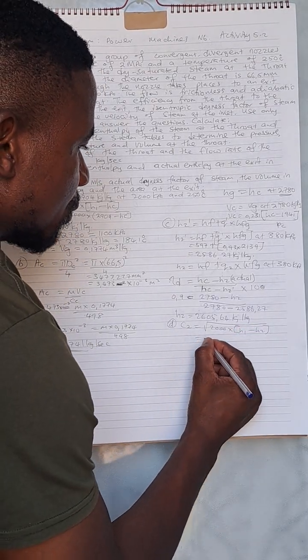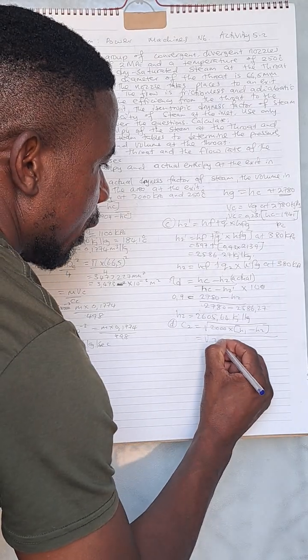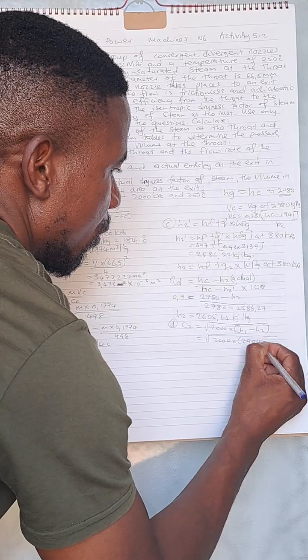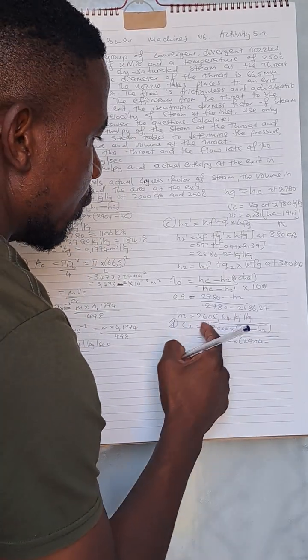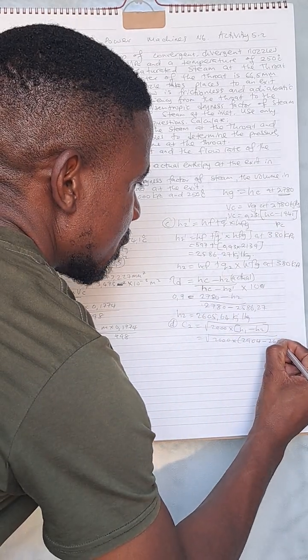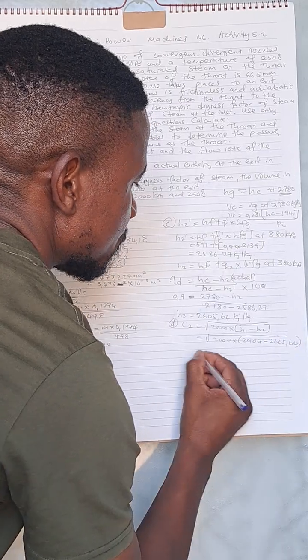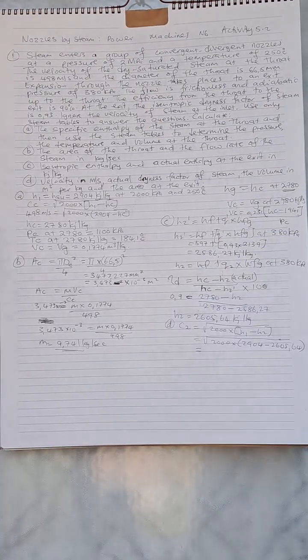So which becomes square root of 2000, our H1 we say 2904, H2 we just got, which is 2605.64.